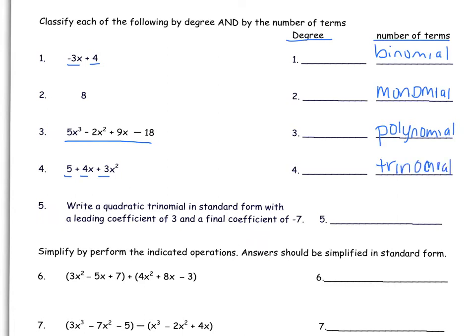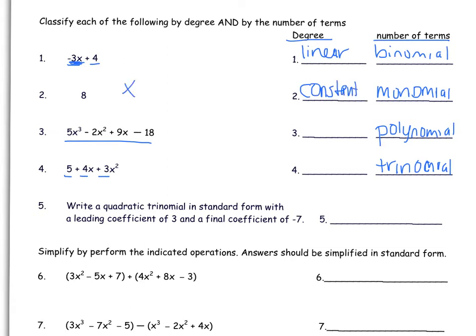The degree is the highest exponent, and I'll give you an exception to that in just a moment. So if the highest exponent for the variable is 1, it's linear. If there is no variable, then it's constant, because it never changes.